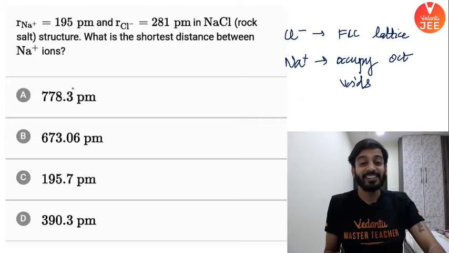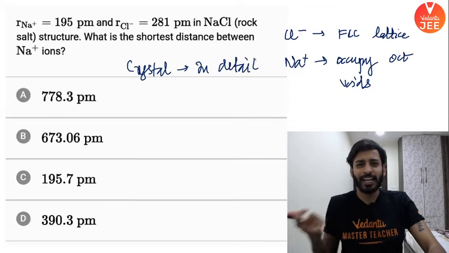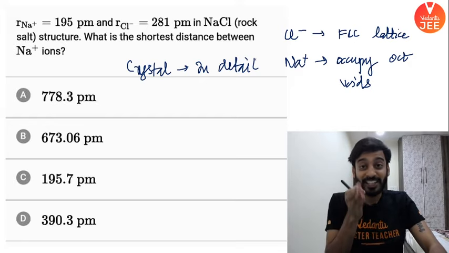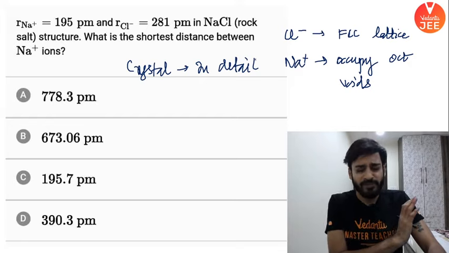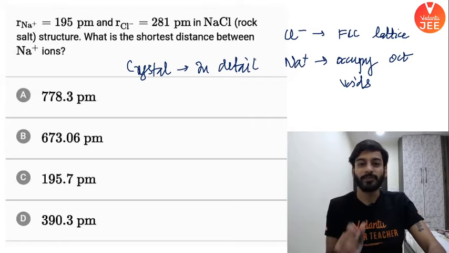I have explained this crystal in detail in one of my very small standalone videos, which I have also given in the description box, where I explained the crystal of NaCl. It will be very clear. Do watch it if you are having any kind of problem in this particular structure.